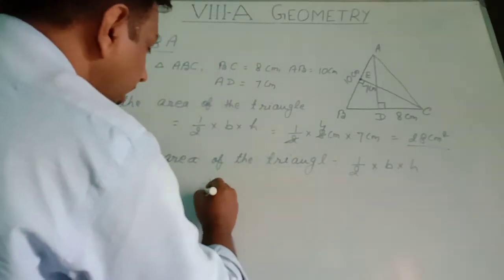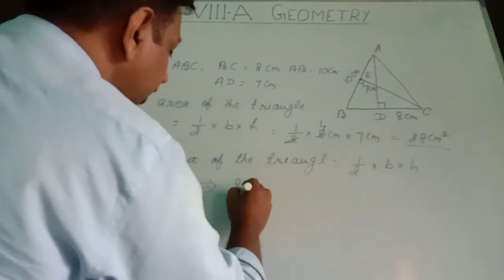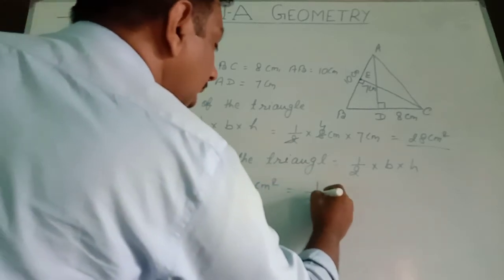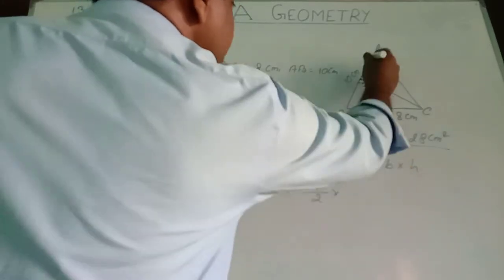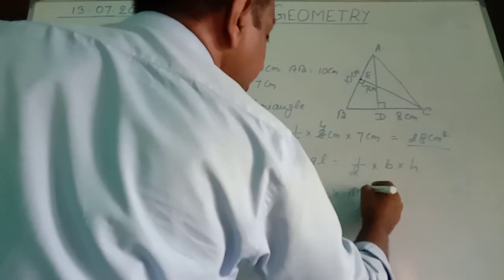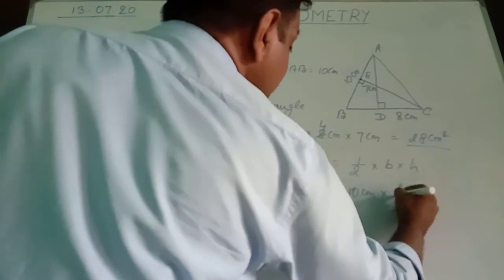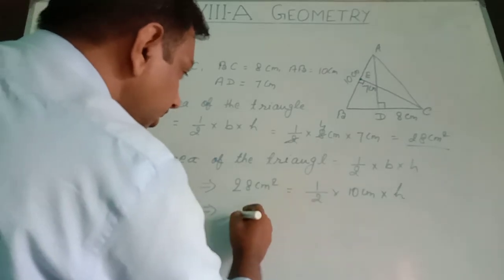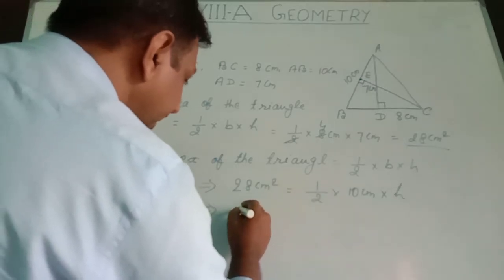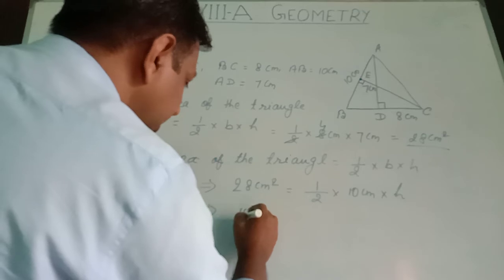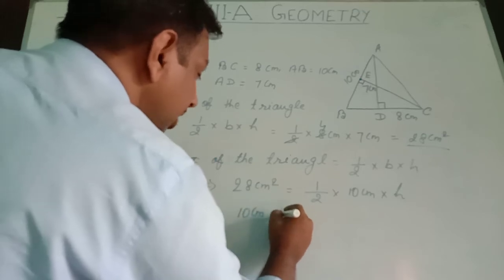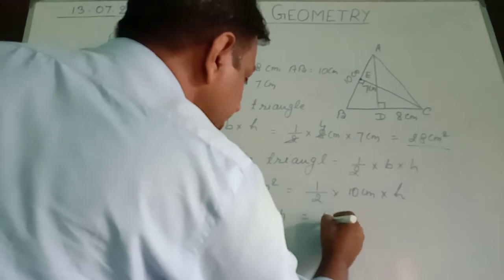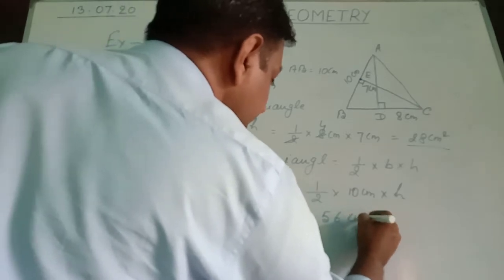We know the area that we have got already, 28 centimeter square, that is equal to half, and base is AB, that is 10 centimeter, and height is asked to find out. So by cross multiplication we are getting 10 centimeter into H equal to 56 centimeter square.